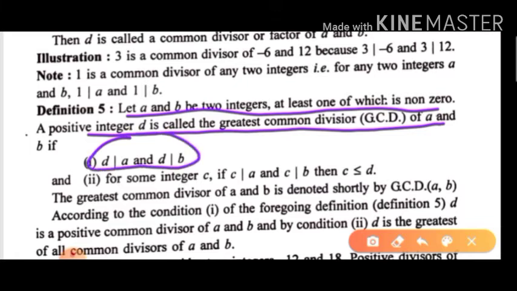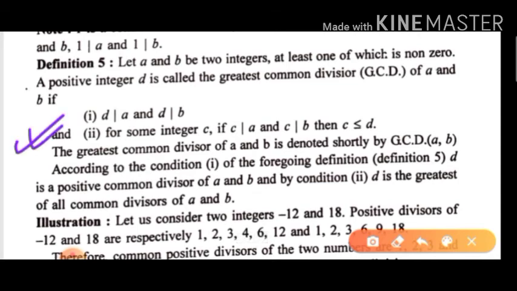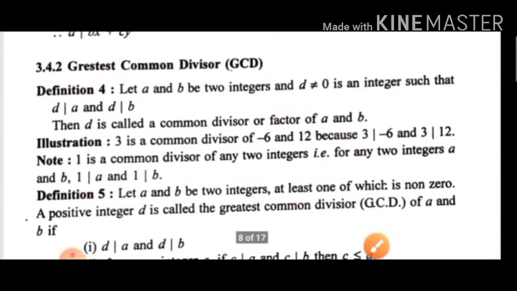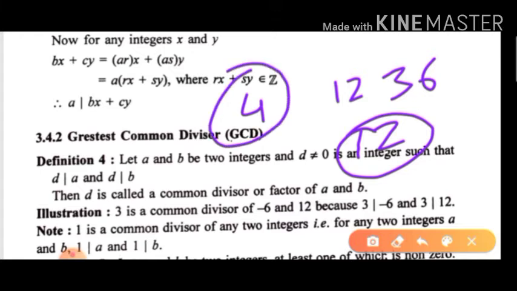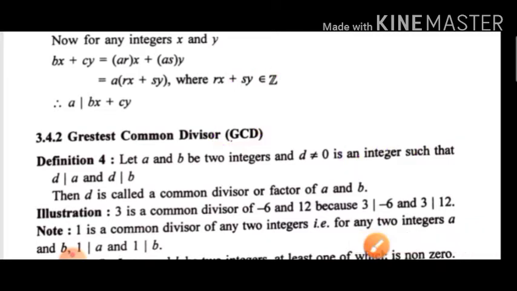Of course it has to be, but there has to be another important thing to complete the definition of GCD, and that is for any integer c, if c also divides a and b, then c should be less than or equal to d. So for 12 and 36 we took 4 as a common divisor, but remember you have 12 also, which divides both 12 and 36, and there is no other number greater than 12 which divides 12 and 36, but we have another number 4 which is less than 12.